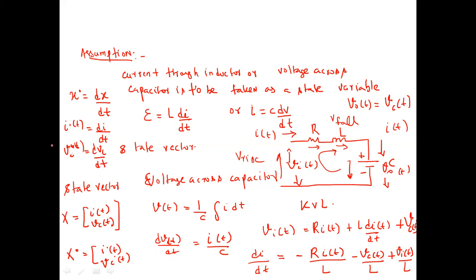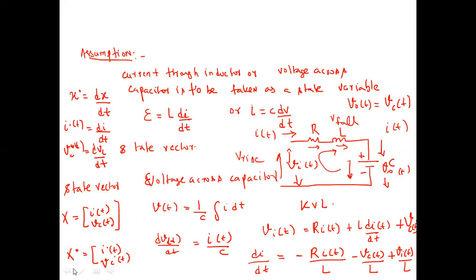Looking at the expression for x dot of t, the first equation is di by dt, and the second equation is dVc by dt. For di by dt I have the equation, and for dVc by dt also I have the equation. I can write these in a form.